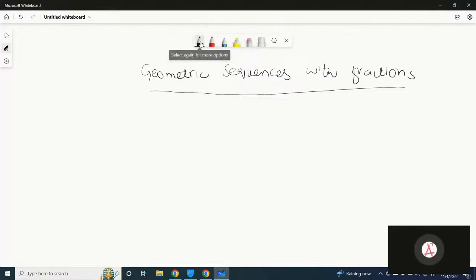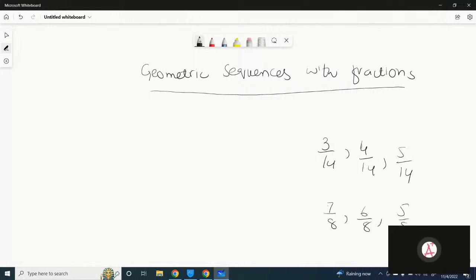The arithmetic sequence one we did earlier is 3 by 14, 4 by 14, 5 by 14. You have to find the next one. And the other one we did is 7 over 8, 6 over 8. The next one is 5 over 8.